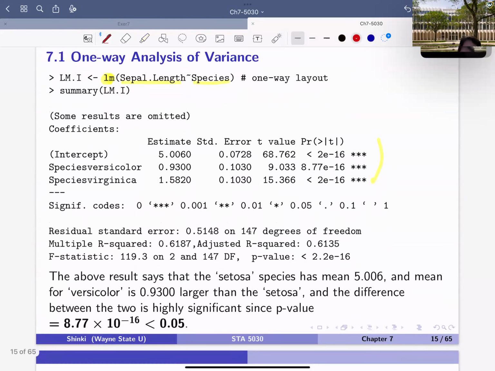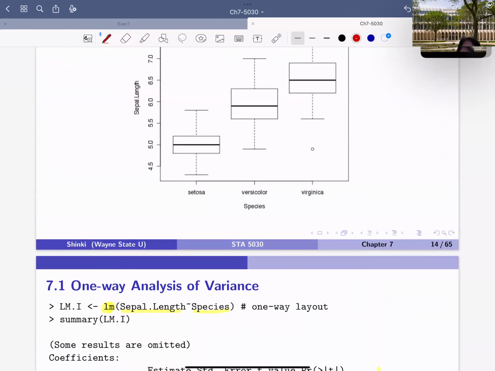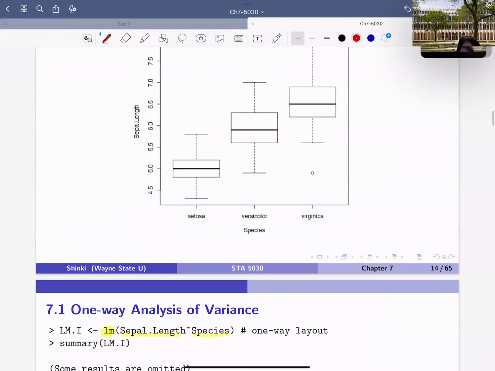That means this is mu, then alpha 2 tilde, alpha 3 tilde. So mu is the mean for the first group, which is Setosa. Basically, R uses alphabetical order, and Setosa comes first.